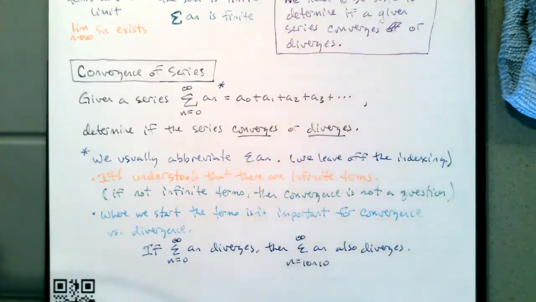We can cut off 10 to the 10th terms and the series will still diverge. We can cut off a huge amount and the series still diverges. This is how big infinity is.